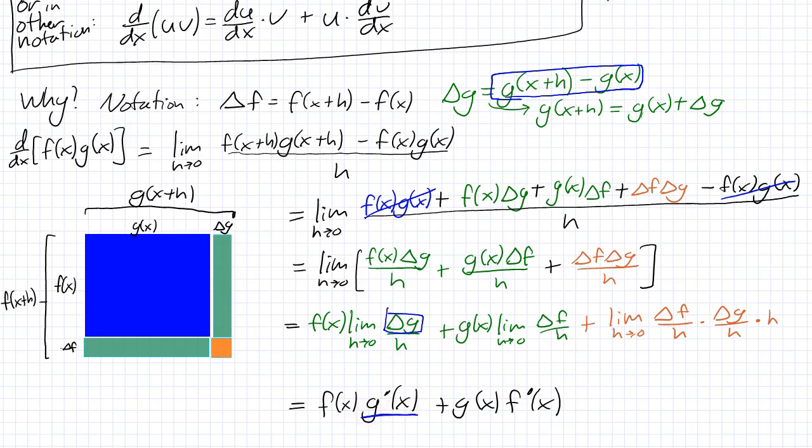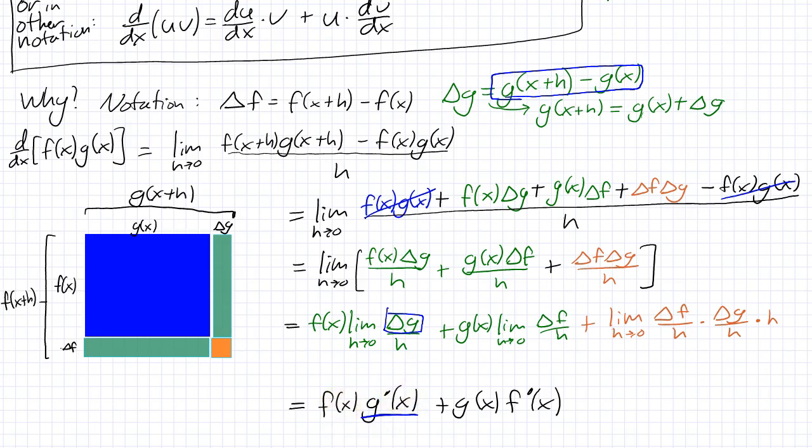So that's the definition of g prime. That's why this part of the limit, the limit of this vertical strip here, that area divided by h, gets closer and closer to just f of x times g prime of x.